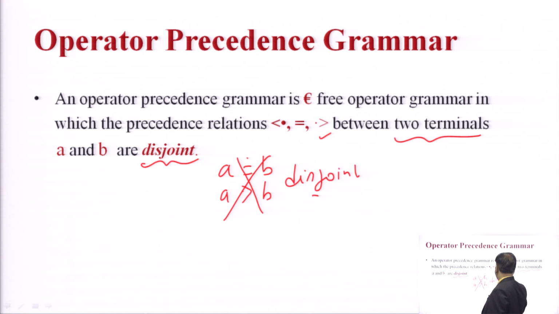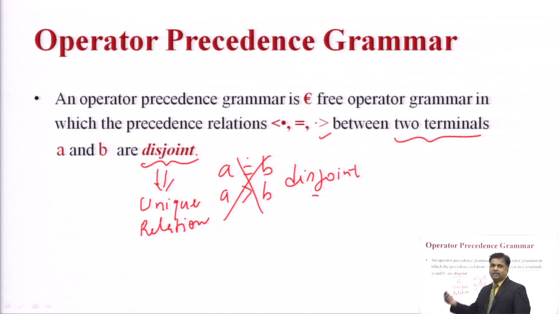Disjoint means there should be a unique relation, right. If there is more than one precedence relation, then this is not a disjoint relation. If there is a non disjoint relation, then the grammar is not said to be the operator precedence grammar.